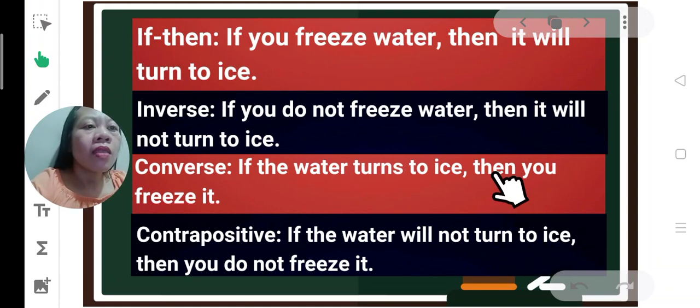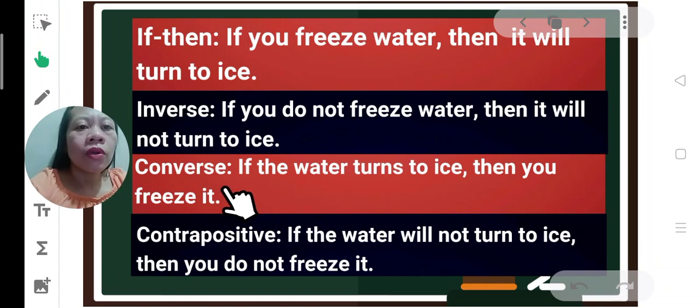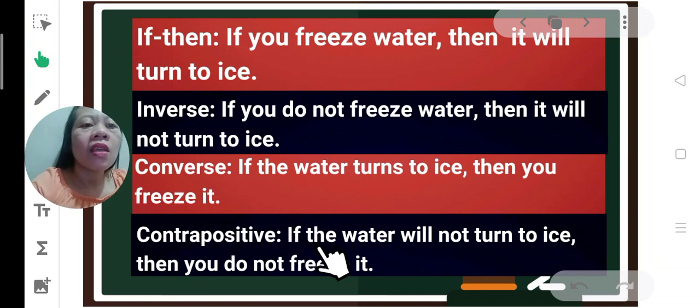Okay? And then for the conclusion, "you freeze it," in the contrapositive form, that becomes "you do not freeze it." So the whole contrapositive is: if the water will not turn to ice, then you do not freeze it, or if you do not freeze the water.